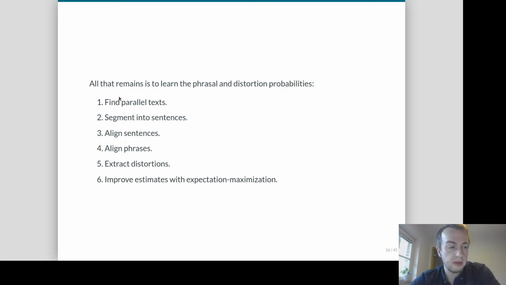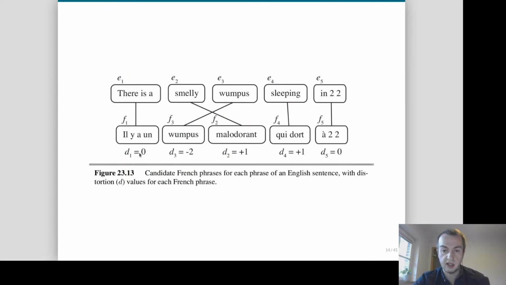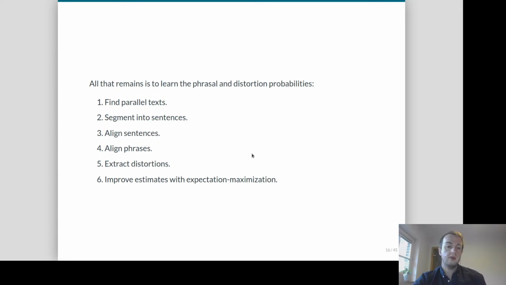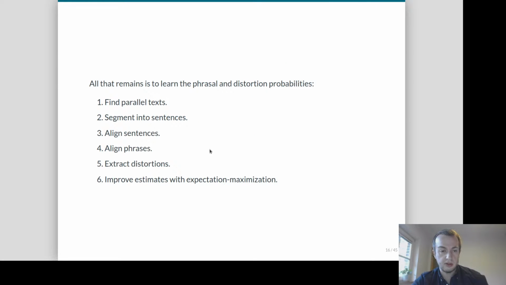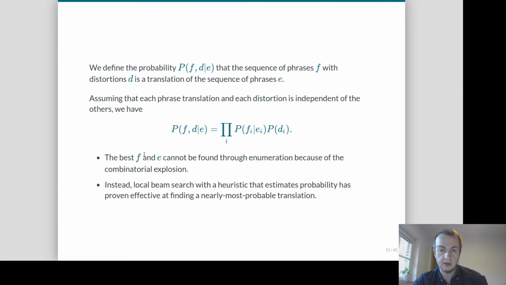From these alignments of phrases, we could extract the distortion factors, these D values here. By looking at this data and estimating the distortions empirically, we could build a model for P(D). Also from the alignment of the phrases, we would be able to build an approximation for P(Fi | Ei).